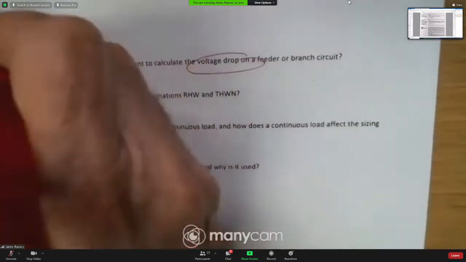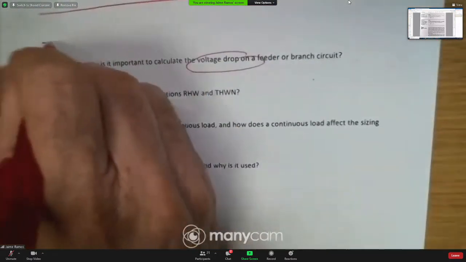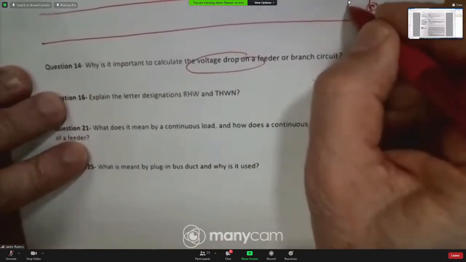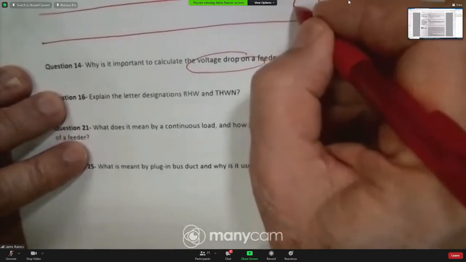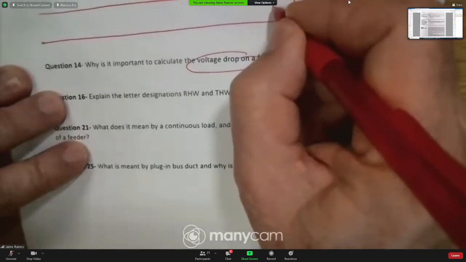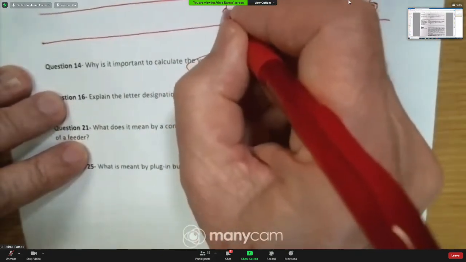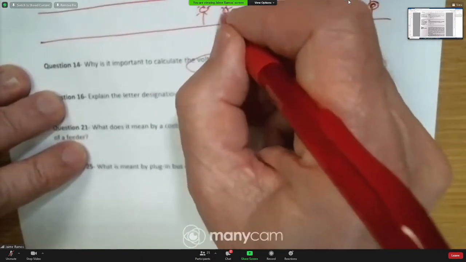Well, imagine you have a long line of conductors, and then, for example, for lighting, for illumination, so all of these are lamps.